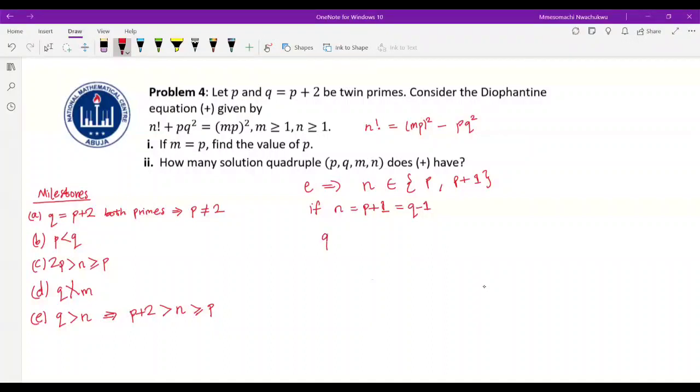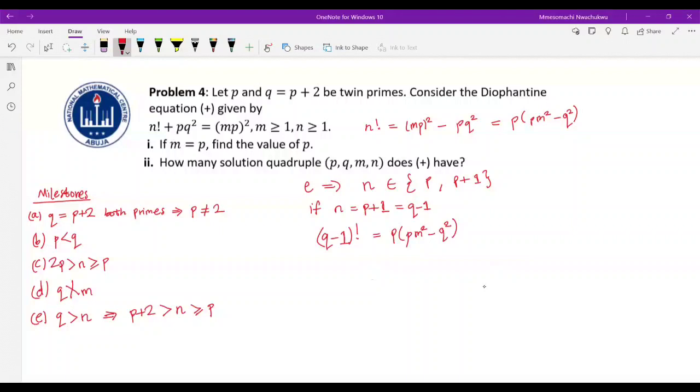We have that Q minus 1 factorial is equal to, I'll just factorize this, P into (Pm squared minus Q squared). So Q minus 1 factorial is the same thing as P into (Pm squared minus Q squared).